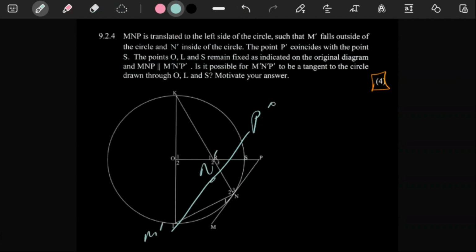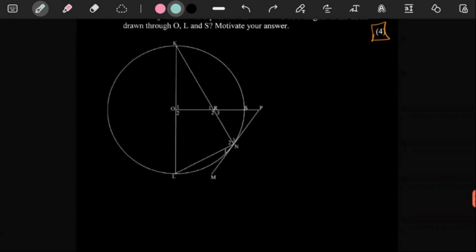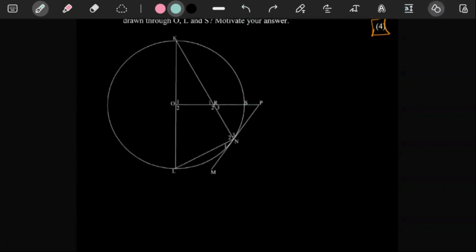Keeping that in mind, what did they say now? Such that M falls outside the circle and N inside the circle. So if you're moving it, they want M to be outside, but N has to be inside. And then it says the new value of P coincides with the point S. So let me draw exactly what it's going to be.